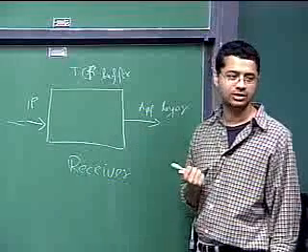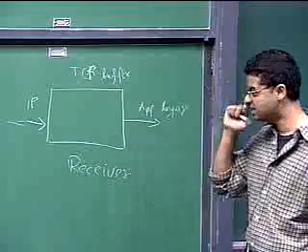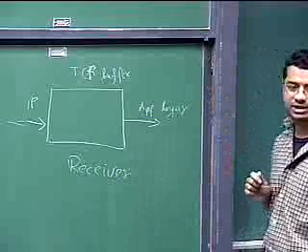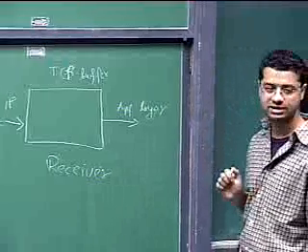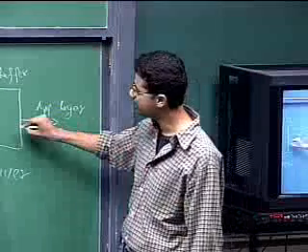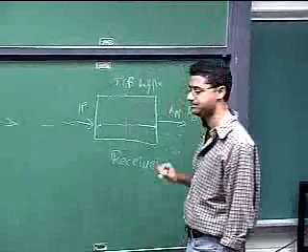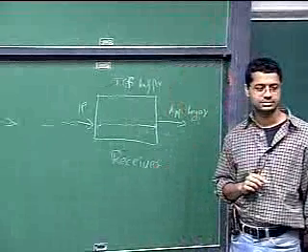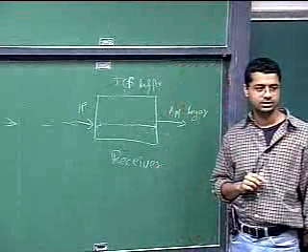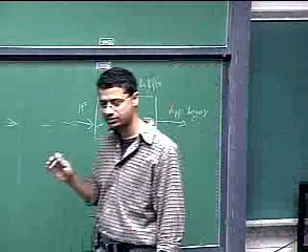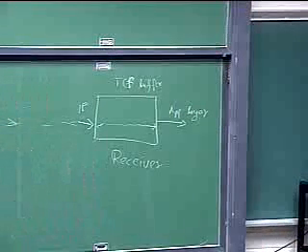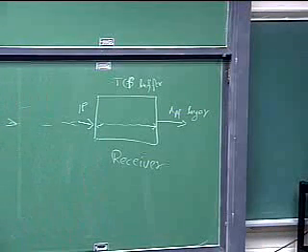You don't want that to happen. So the way it's done is TCP at the initial connection phase will inform the other side what the size of this buffer is. And the sender will make sure that the outstanding packets which are in the network never exceed the size of this buffer.